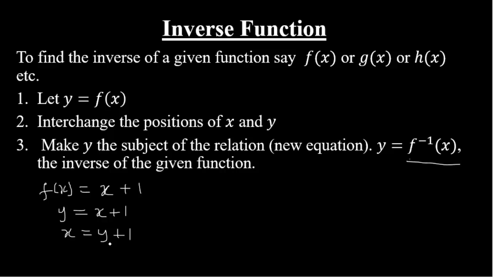To make y the subject, we can see that y is on the same side of the equal sign as another term. So we need to move that term from the side where y is located to the other side of the equal sign. So this 1 should be moved to the left side of the equal sign. This becomes x minus 1 equal to y.